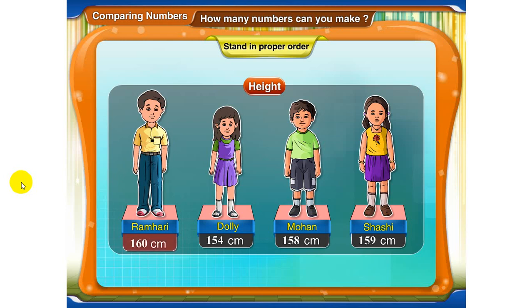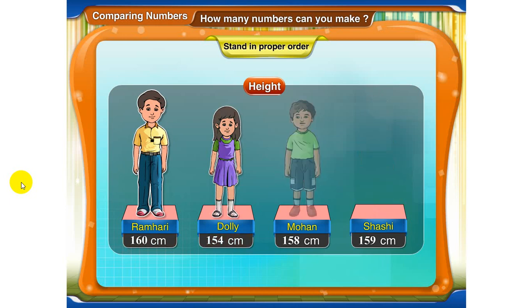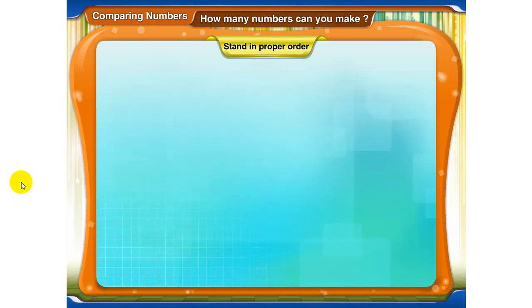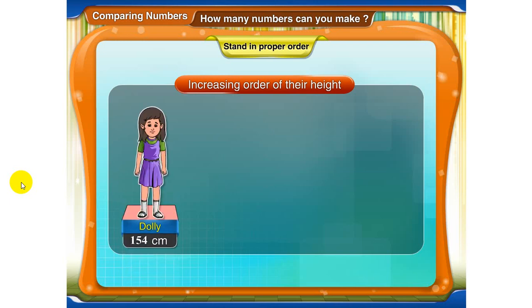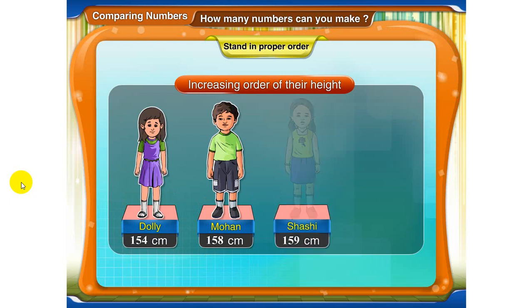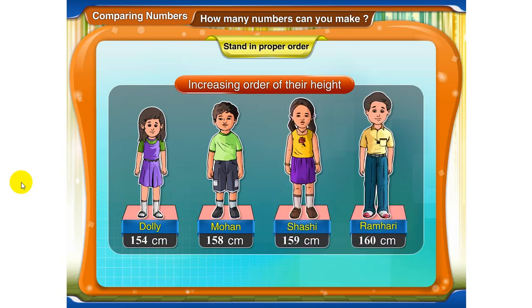Ramhari is the tallest and Dolly is the shortest. Increasing order of their height is Dolly, Mohan, Shashi and Ramhari. That is, these children are arranged from shortest to the tallest.